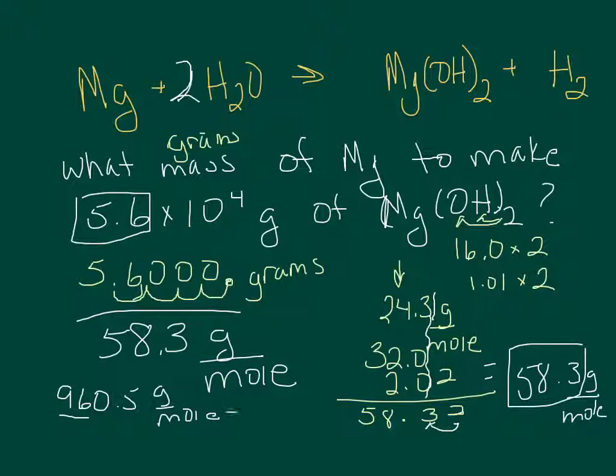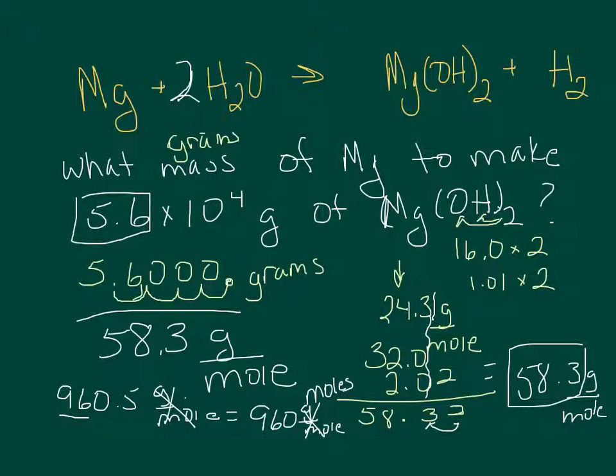That would give me 960. No, I am using the wrong units, aren't I? That would just give me 960 moles. It's a little harder than what it seemed like to make a video, so forgive me if I'm making mistakes.